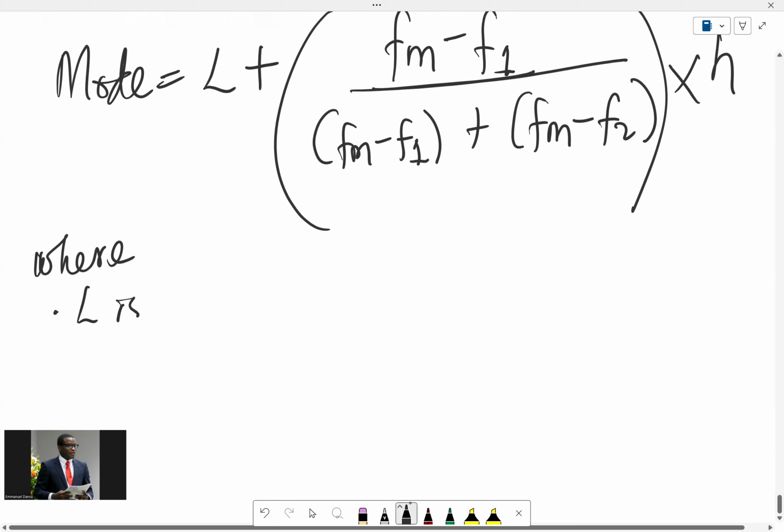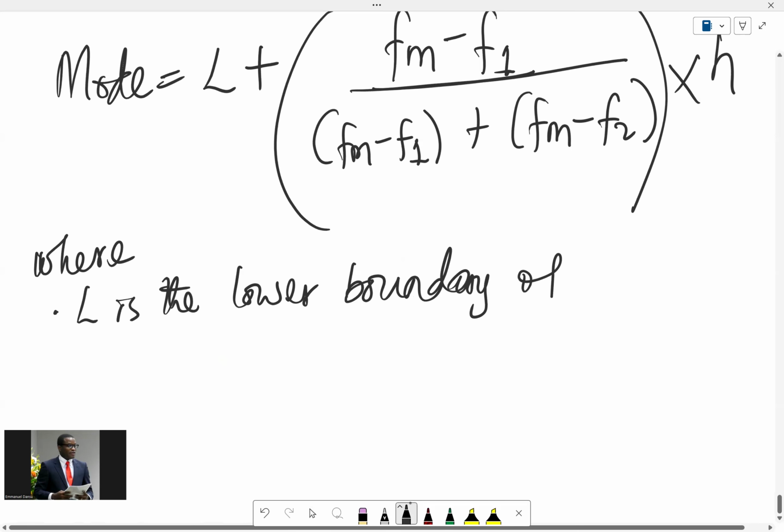L is the lower boundary of the modal class.